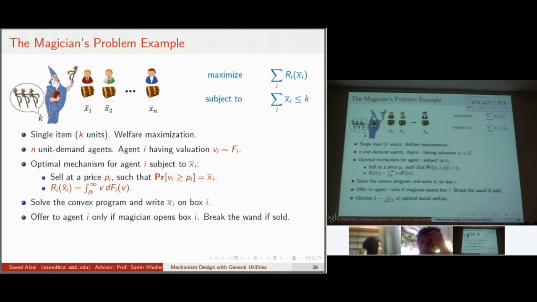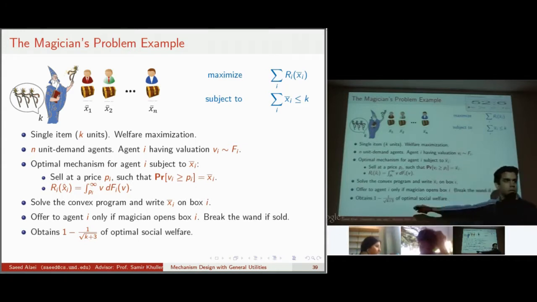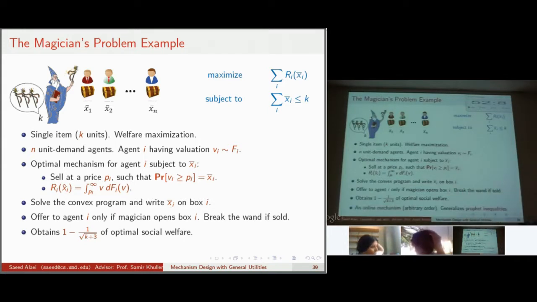By using the solution to the magician's problem, you can basically get this fraction of the optimal social welfare, because you are offering the item to each agent with at least this probability. Now, the nice thing about this mechanism is that it's actually an online mechanism that may serve the agents in arbitrary order. So you don't have to, like in a regular auction, have all the agents in one place. Let's say the agents arrive one by one, and you have to decide at the time they arrive.